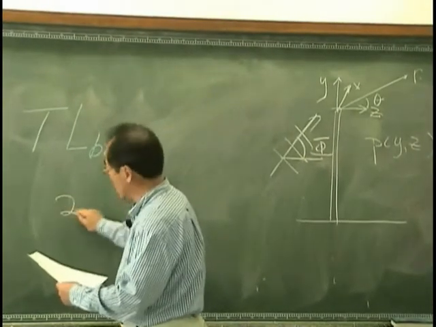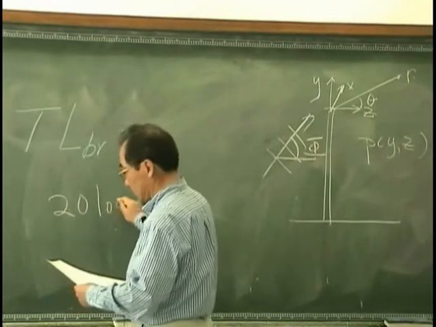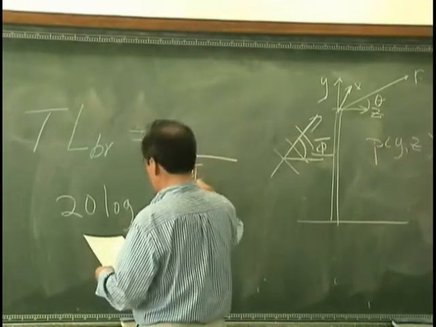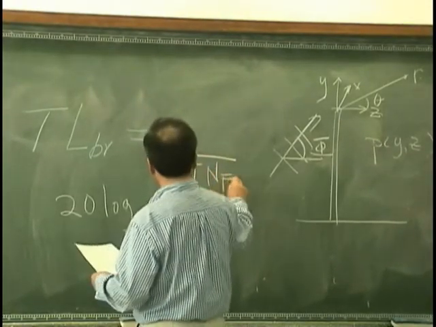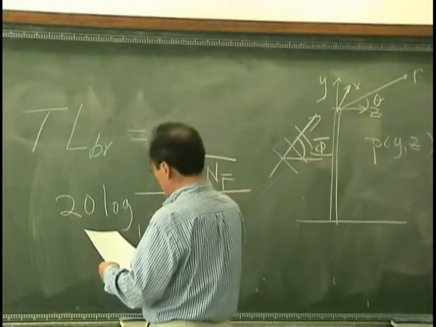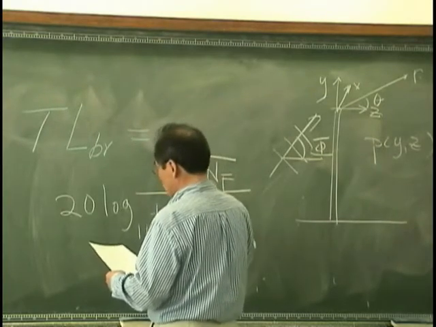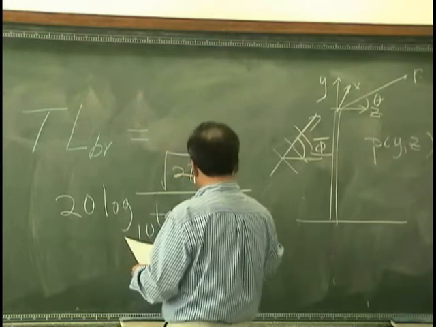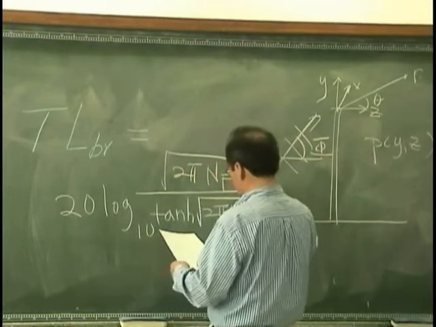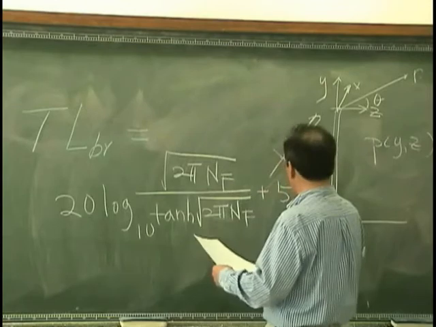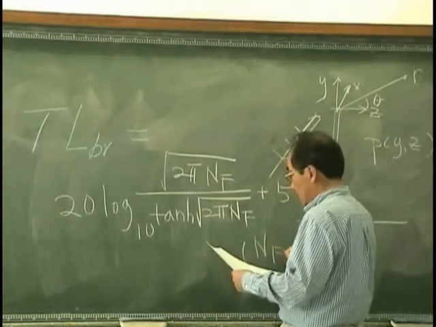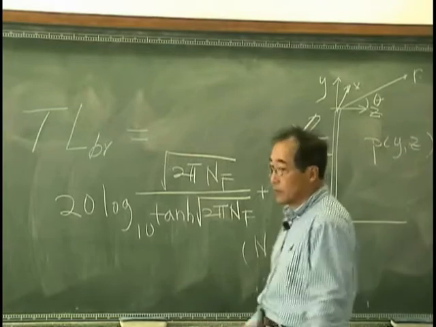That is 20 log 10 of square root of 2 pi Fresnel number over hyperbolic tangent of square root of 2 pi NF, plus 5 dB, for NF greater than 0.